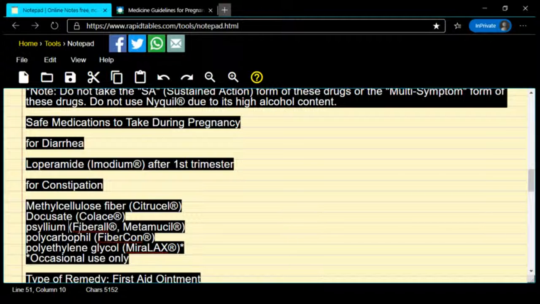The psyllium is Fiberall, Metamucil, a very important drug, of course, for treating constipation.